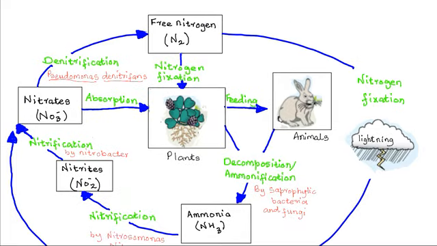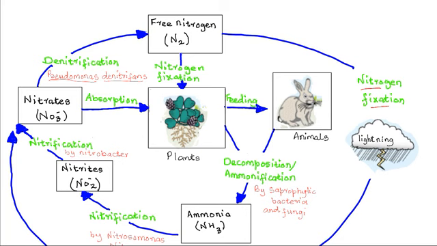The first one, as mentioned, is nitrogen fixation. This is a process by which the free atmospheric nitrogen is converted into a form that can be utilized by plants.